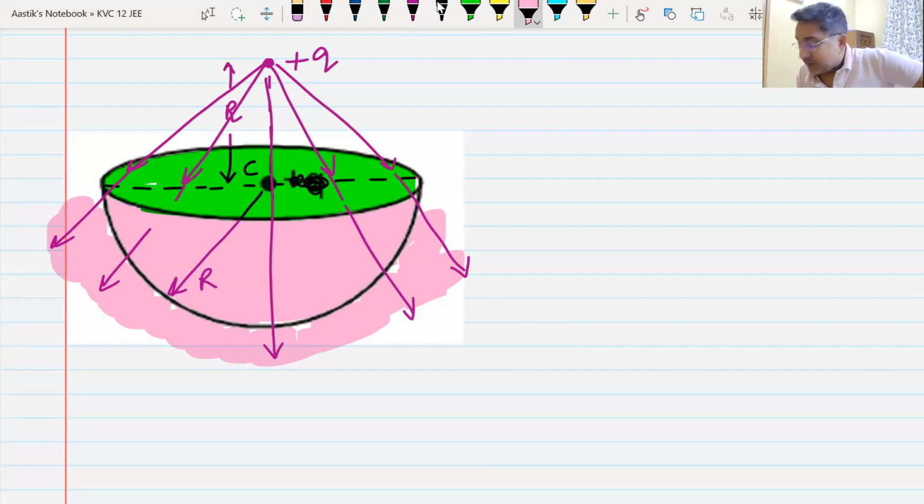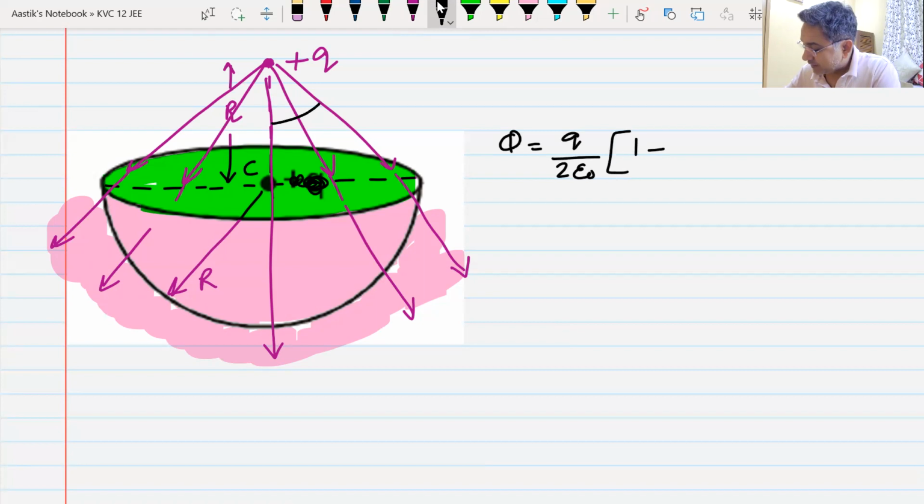To find the flux through the green part, you just have to use the simplest possible formula. Do you remember it? Q by 2 epsilon naught into 1 minus cos phi, where phi is your semi-vertex angle. This is your phi, the semi-vertex angle of your ice cream cone. This distance is r, and that distance is also r.